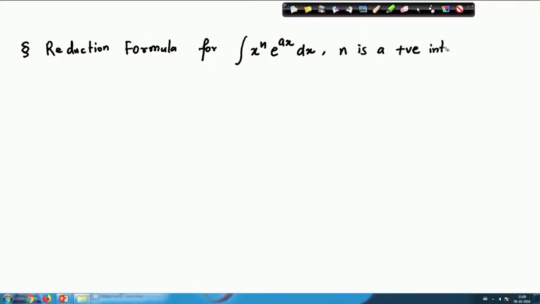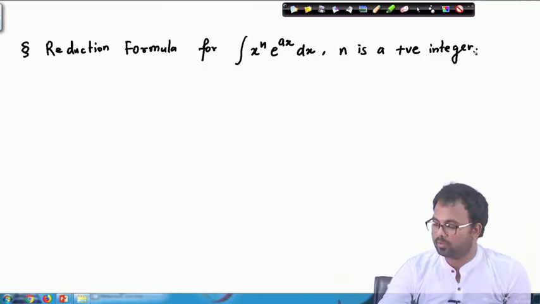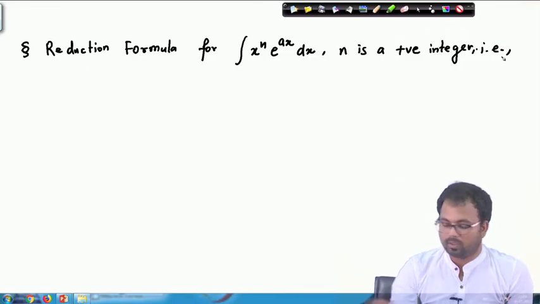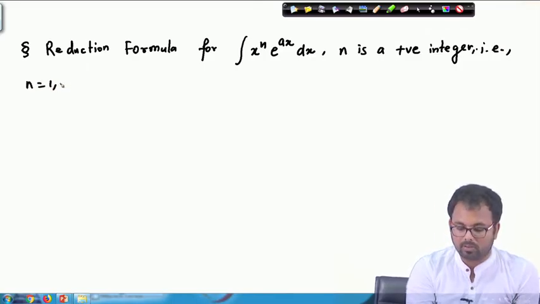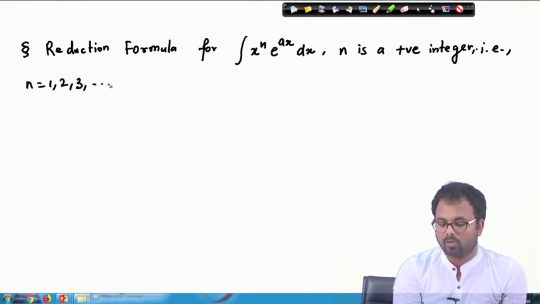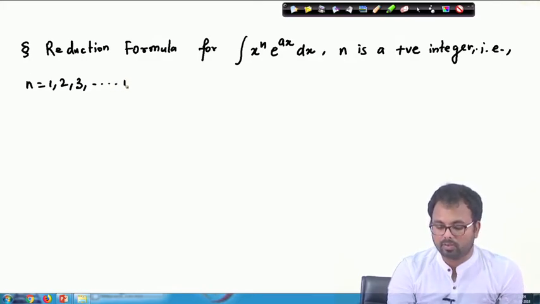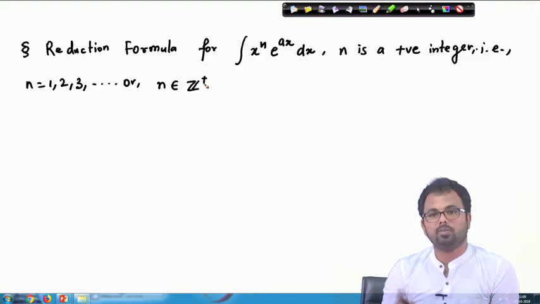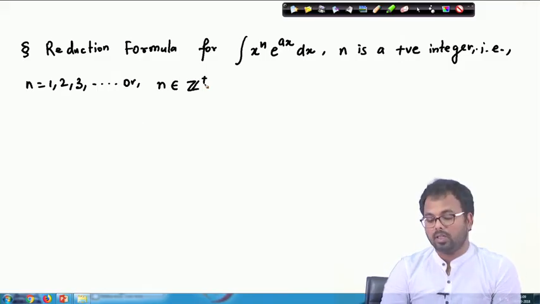When I say positive integer, it usually means n is 1, 2, 3, and so on. In short, I will write n belongs to Z positive. If I write Z positive, that basically means we are talking about the set of all positive integers, which doesn't include 0.